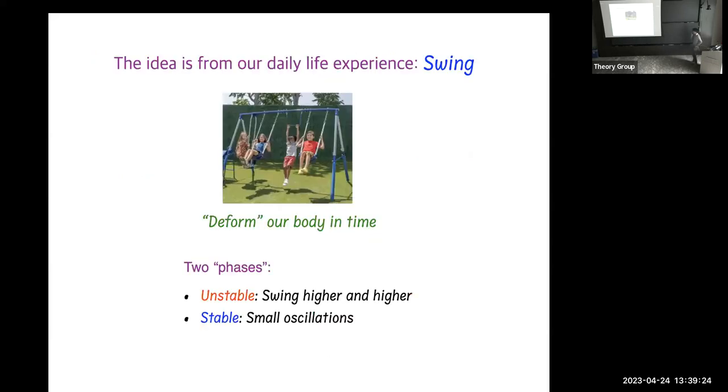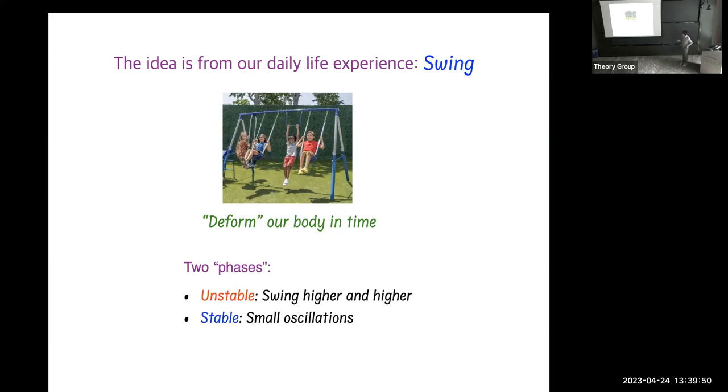Okay, so before we introduce the concrete setup, the idea is really from our daily life experience. It is from swing. So I think everyone knows how to swing in the playground. In general, we need to deform our body in time, okay? And roughly, there can be two different phases.